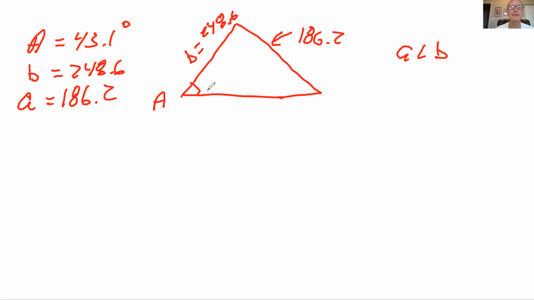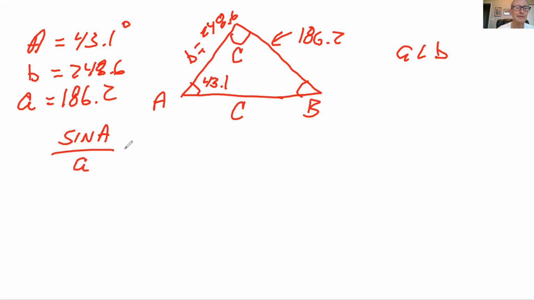Again, this is angle A and this is B. This is going to be angle B because it's across from that side. So this would be C and this would be angle C here. So how do we do this? Well, we are given A, little a, and then we're given side B. So we would start with this law of sines identity, sine A over A equals sine B over B. We have three of these four.